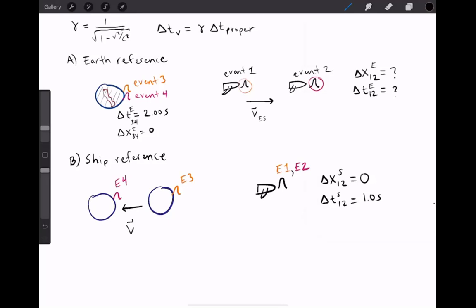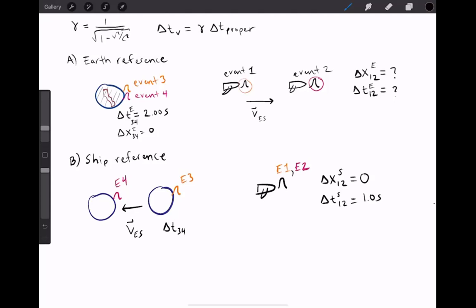And this would be the speed that the Earth is moving away from the spaceship, in the opposite direction. So the velocity is opposite to what we had before, but it's the same magnitude. Then I have the time interval between events 3 and 4 in the spaceship.